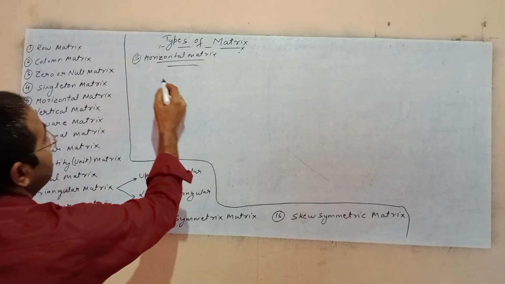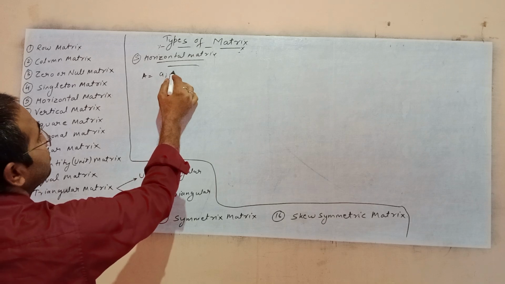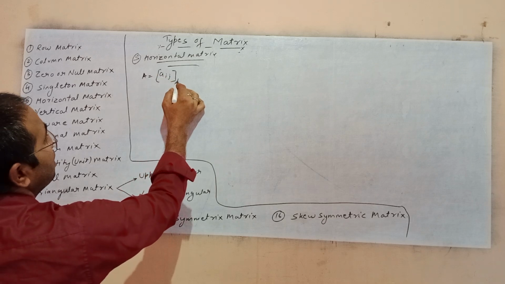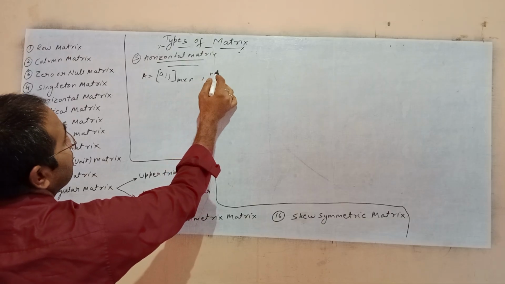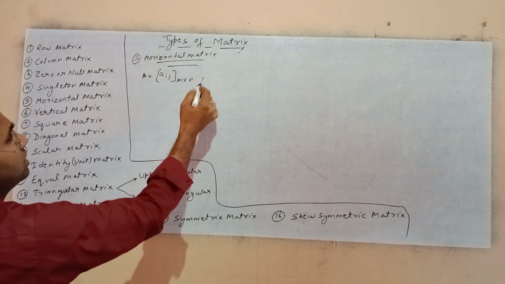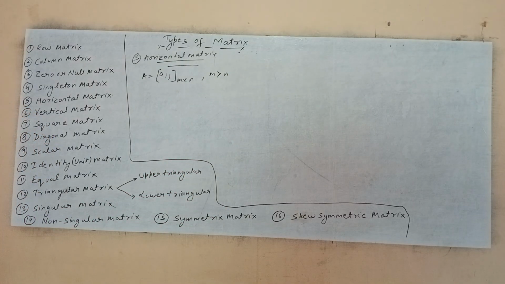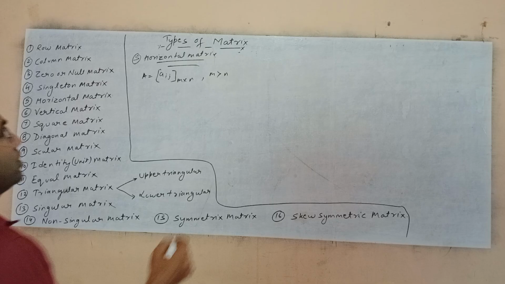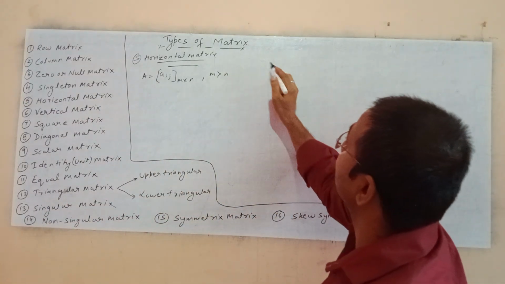It is defined as A = [Aij] of order m cross n such that m is greater than n. So if m is greater than n, the rows will be greater than the columns.